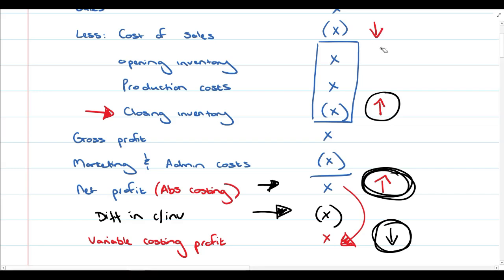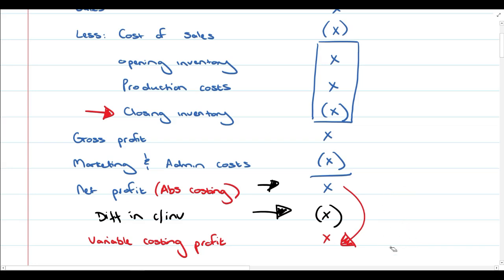Then just to make sure that you understand this properly, there was no opening inventory in this question. So the discussion around opening inventory does not form part of the suggested solution, but you will see that I have included it in the suggested solution. And you know from our recon, if we are trying to reconcile the absorption costing profit to the variable costing profit, we add any difference in opening inventory.